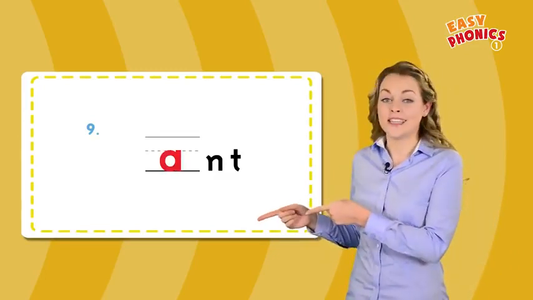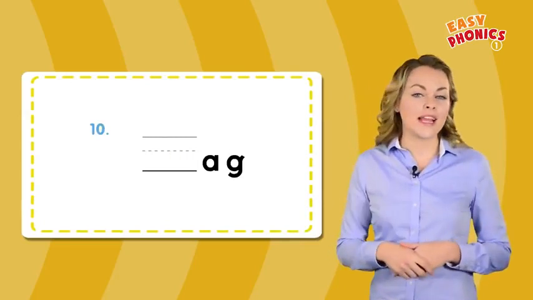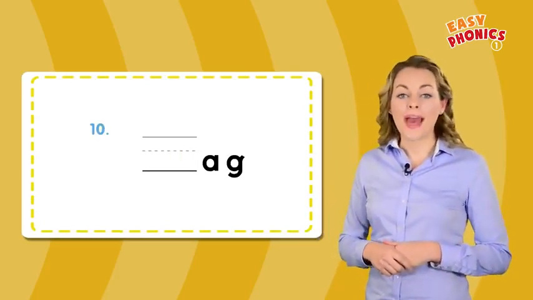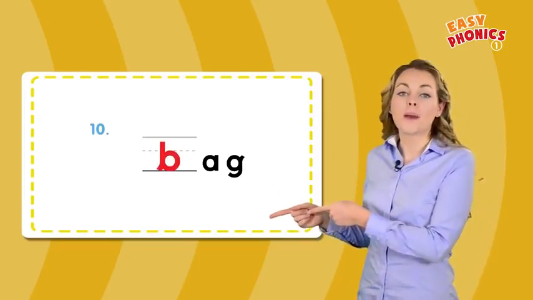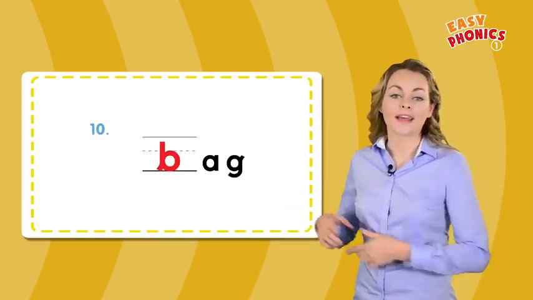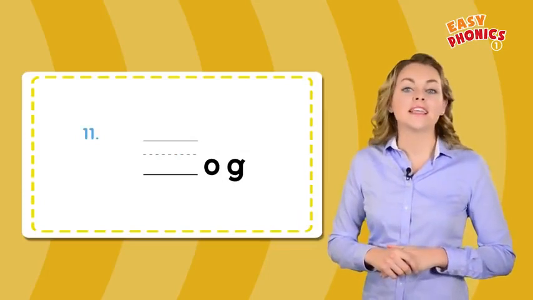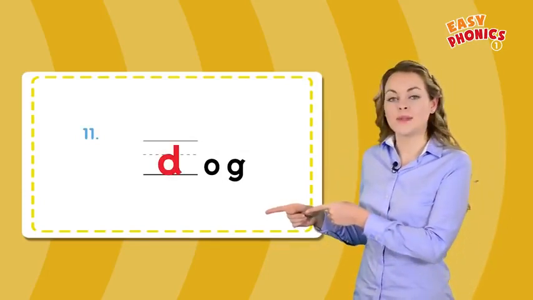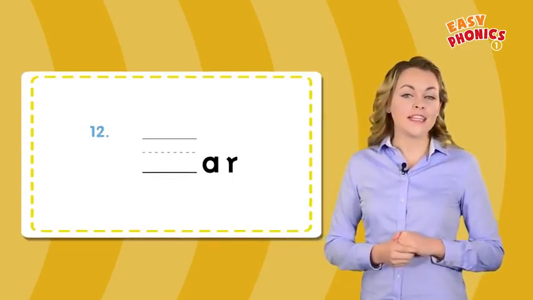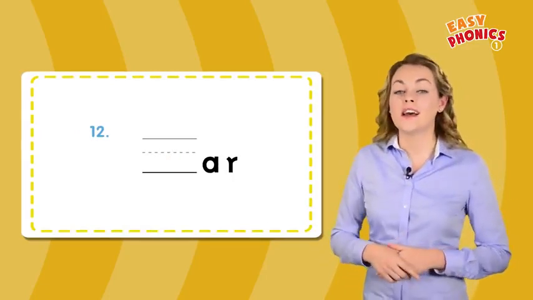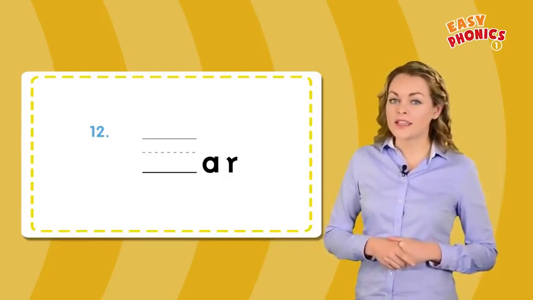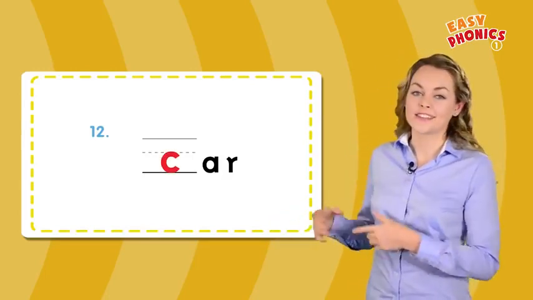Yes, it's an A. Okay, number 10, we have a bag. Bag. And it begins with B. Okay, 11 is a dog. Dog. Begins with a D. And finally, number 12 is a car. Car. And it begins with the letter C.